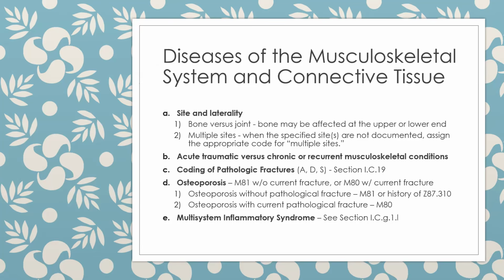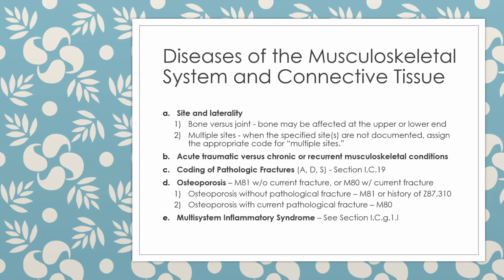When we have acute traumatic versus chronic or recurrent musculoskeletal conditions, many musculoskeletal conditions are a result of a previous injury or trauma to a site or are recurrent conditions. Bone, joint, or muscle conditions that are the result of a healed injury are usually found in Chapter 13. Recurrent bone, joint, or muscle conditions are also usually found in Chapter 13.